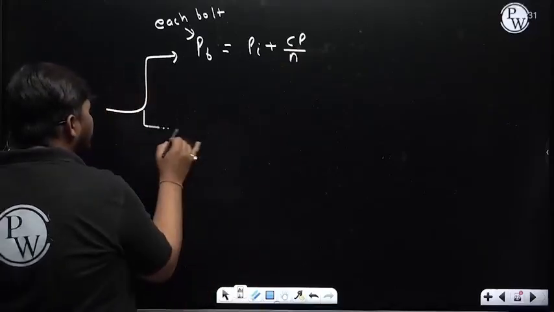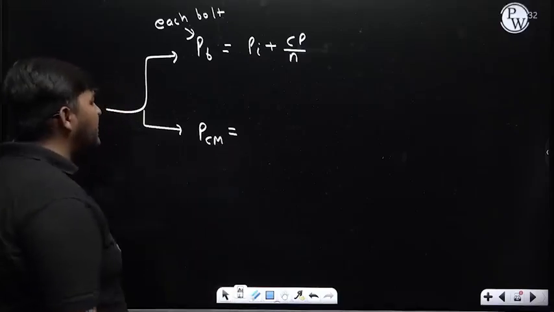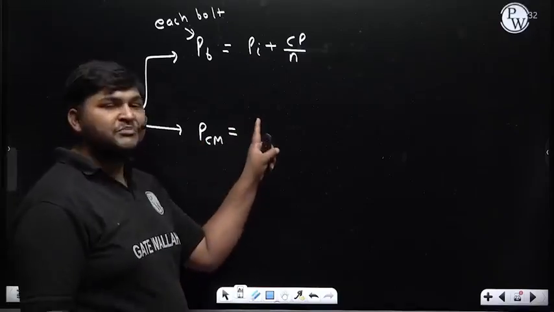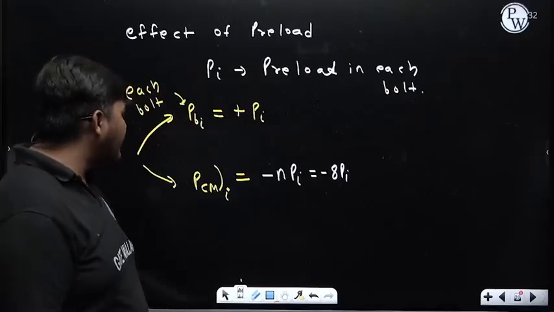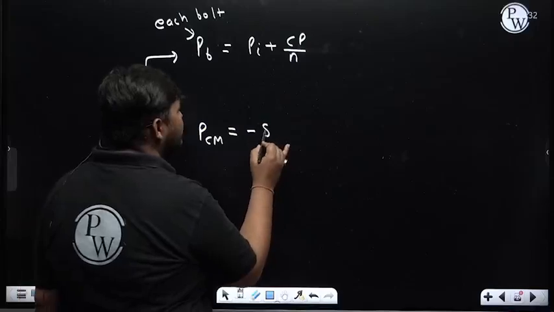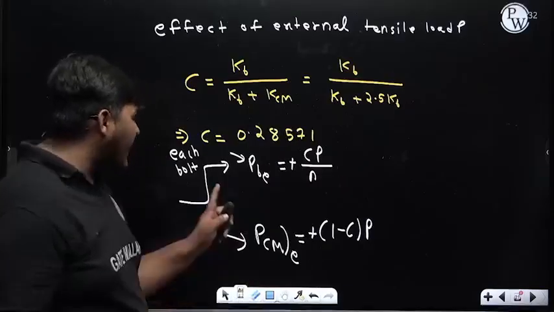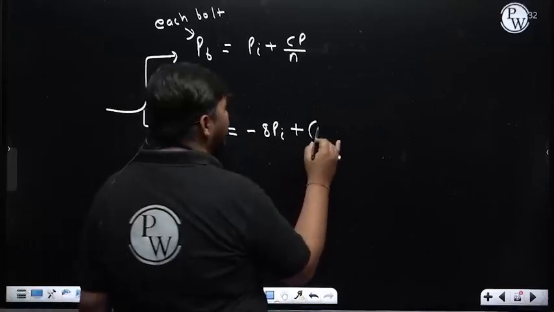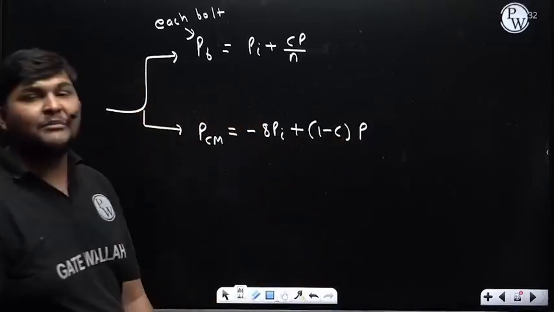But right now our objective is to calculate the total axial force in the connecting member. It will be PCMI, that is due to preload, plus PCME, that is due to external load. So due to preload, the axial force in the connecting member is minus n pi, you can check. Okay, plus due to external load, the axial force in the connecting member is 1 minus C into P. So it is the total axial force in the connecting member.